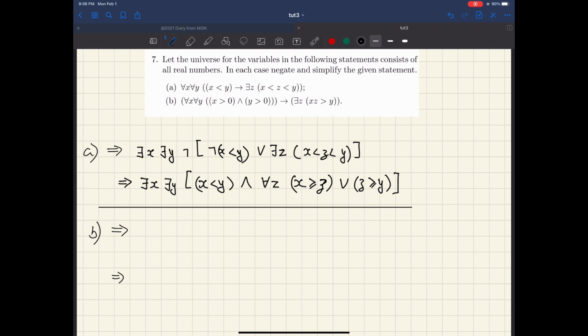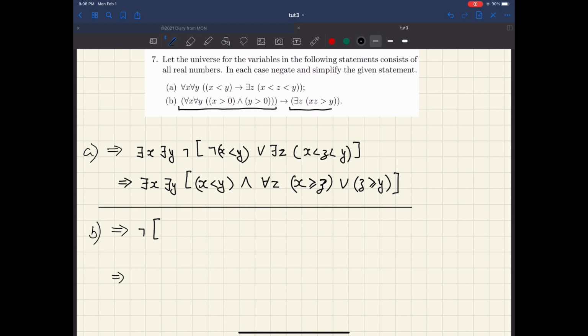For part B, we have for all x, for all y, x greater than 0 and y greater than 0 implies for some z, x times z is greater than y. Now, in questions like these, you have to take care of where the position of the brackets is.